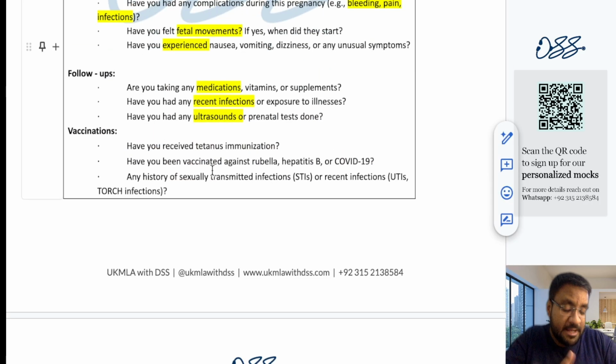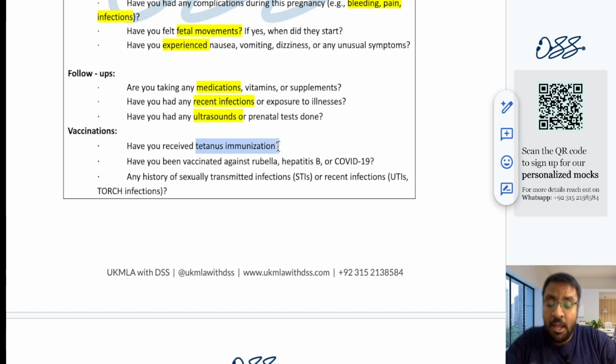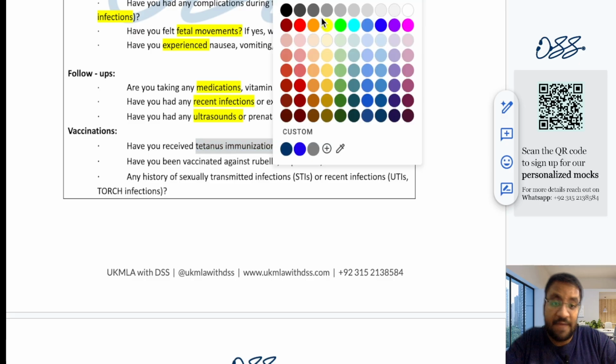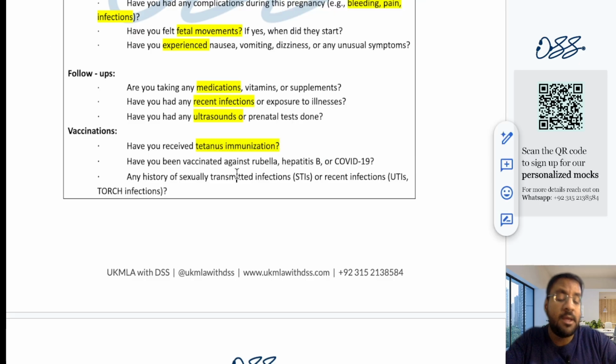Then the fourth aspect is you talk about vaccination. Have you ever received tetanus immunization? You know that it's important in pregnancy. If the patient hasn't had any tetanus immunization, you gotta make sure that the tetanus part is covered. Then have you ever been vaccinated against rubella, hepatitis B, or COVID-19? We just need to have the diseases that are commonly transmitted from the mother to the baby in our mind.